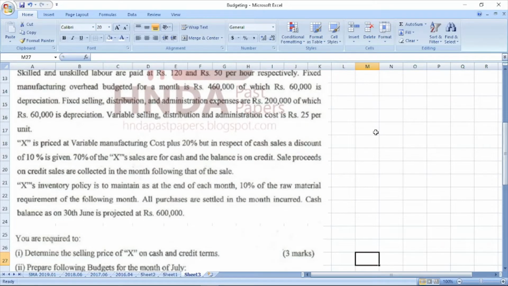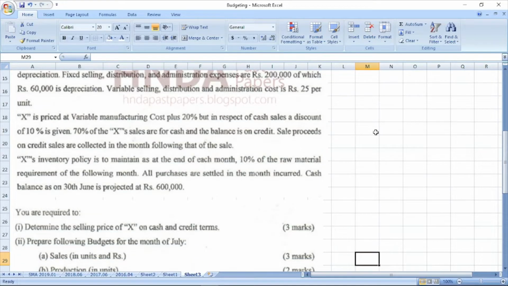X is priced at variable manufacturing cost plus 20%, but in respect of cash sales, a discount of 10% is given, and 70% of X sales are for cash and the balance is on credit. Sale proceeds on credit sales are collected in the month following that of sale.